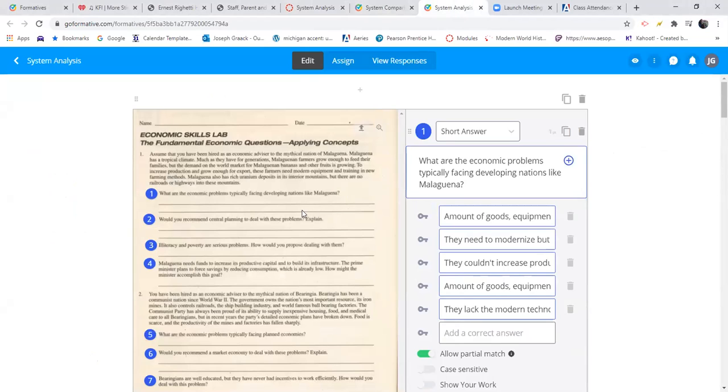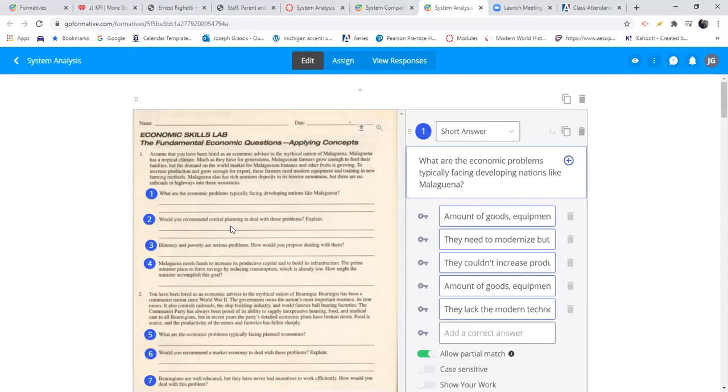You're going to apply your knowledge of economic systems to this. So you're going to be hired as an economic advisor to a mythical nation. They have a tropical climate. For generations, farmers have grown enough to feed their families, but the world market has grown for the fruits that they grow there.